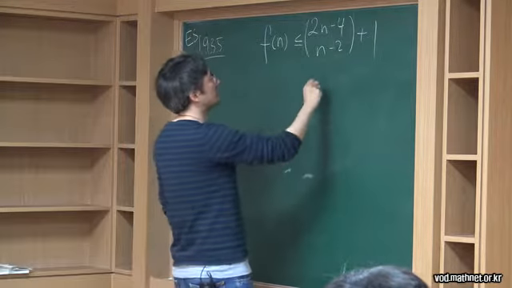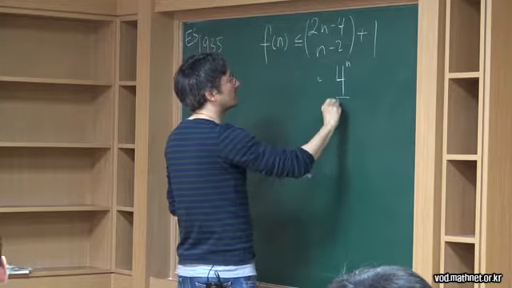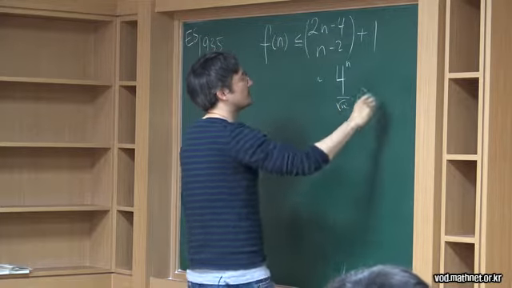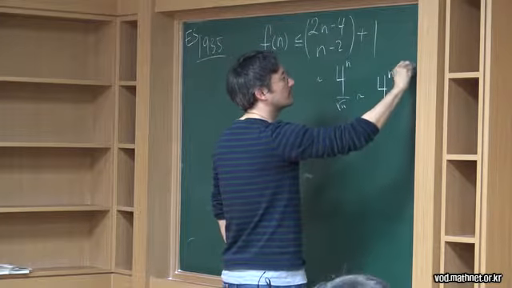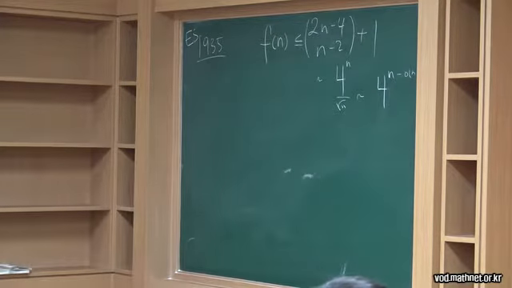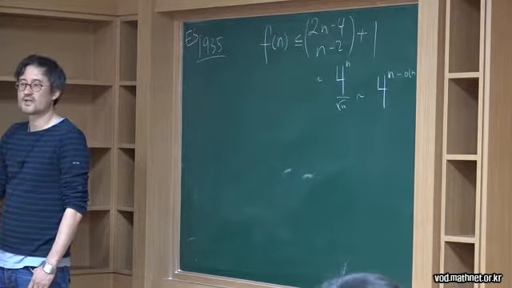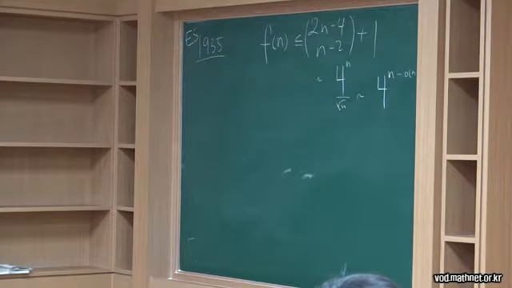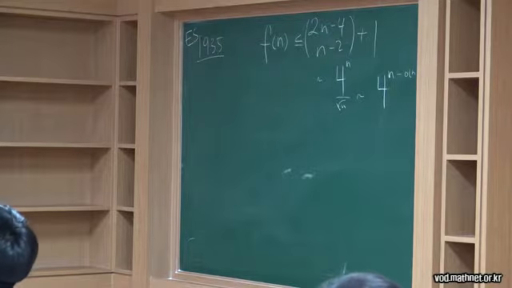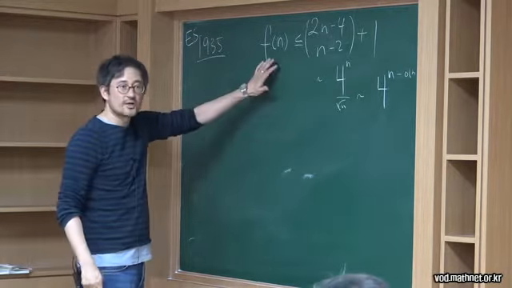And this is roughly 4 to the n divided by root n, or you just write this as 4 to the n minus a little o of n. Okay? So I'm not exactly sure what this bound is. There are probably some estimates of it, but they don't know exactly what it is. But it's more than exponential. It's probably doubly exponential or something like this. Yeah? But their second argument shows that they can give an exponential upper bound.